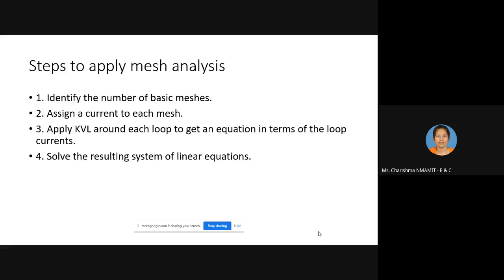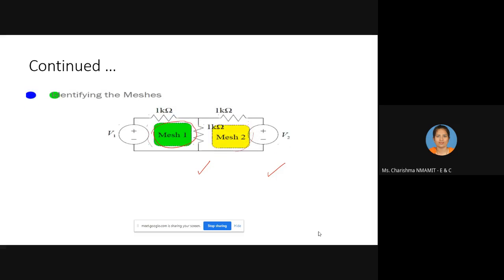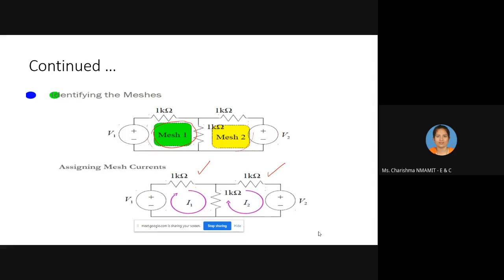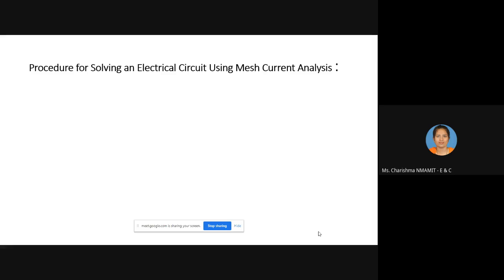Then solve these equations in order to get the unknowns, that are nothing but the mesh currents. So first is identifying the meshes, and you know how to identify the meshes. Then you assign the mesh currents. Then write the KVL equation. Then solve that linear equation in order to get the mesh currents.